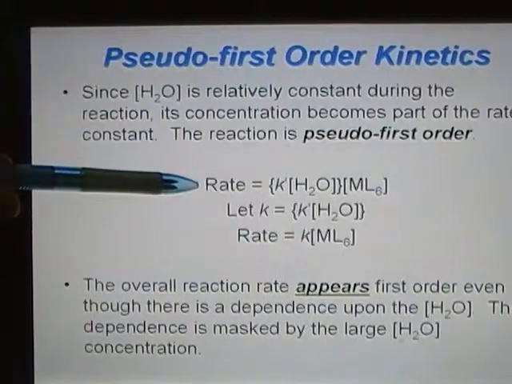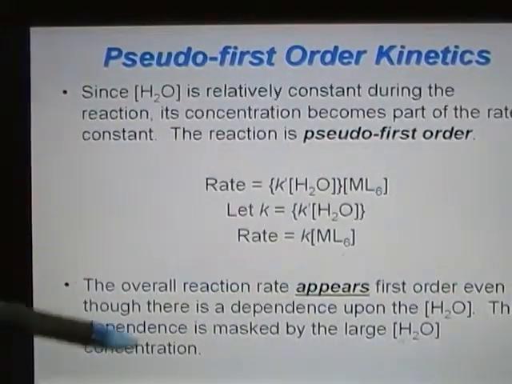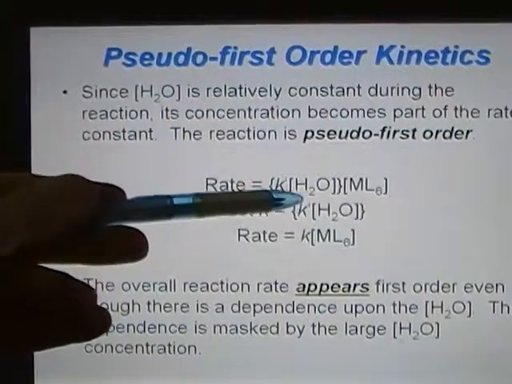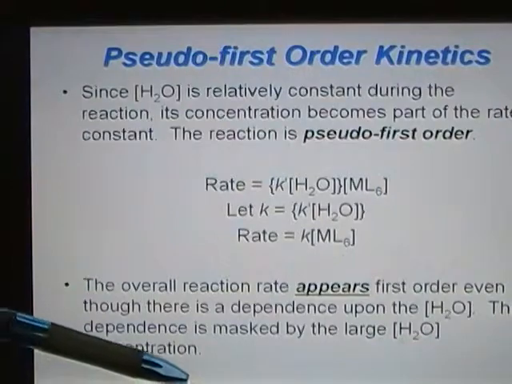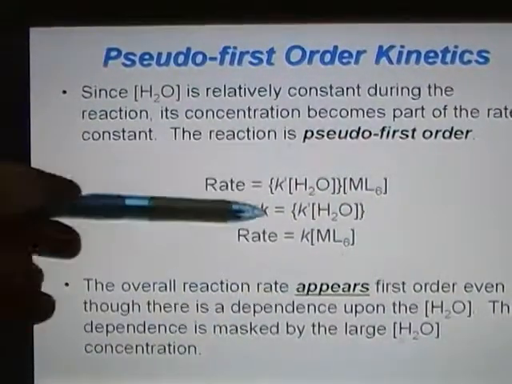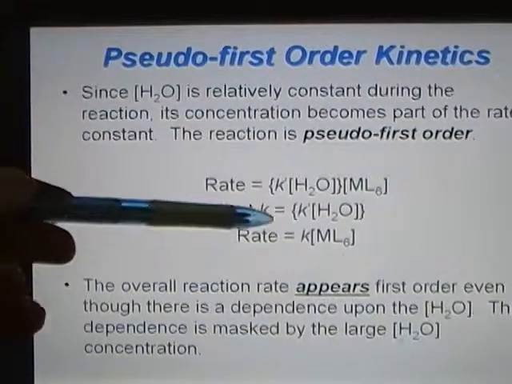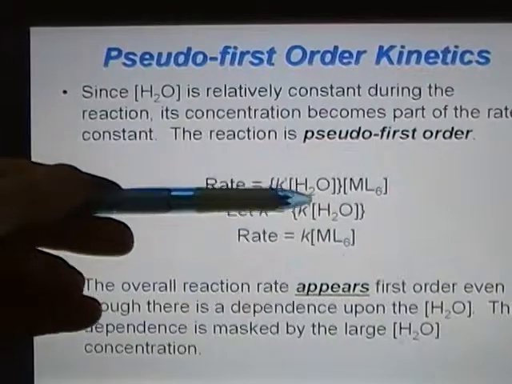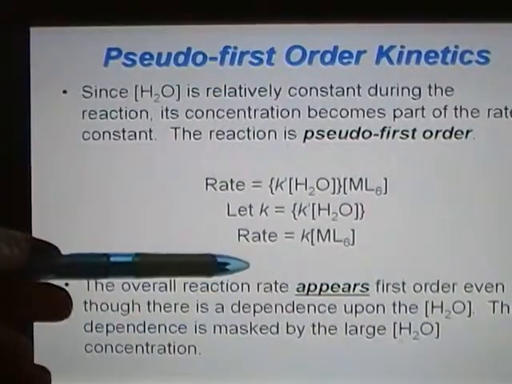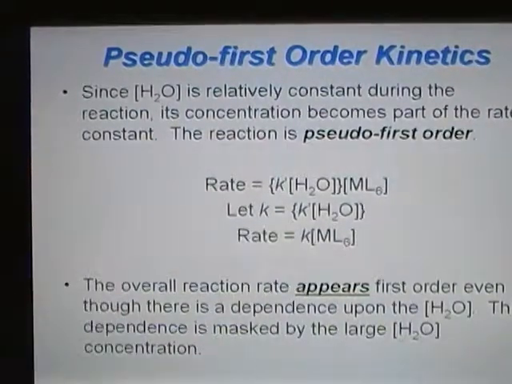For the associative mechanism, the rate is equal to the rate constant k prime times the concentration of water times ML6. Since the concentration of water does not change, many times it's included as part of the rate constant. So the rate law simplifies to rate equals k times ML6.